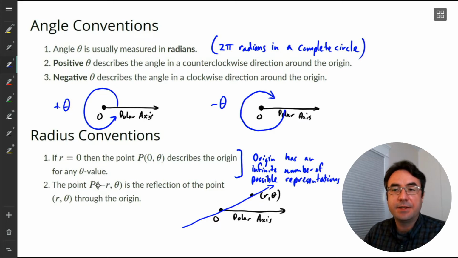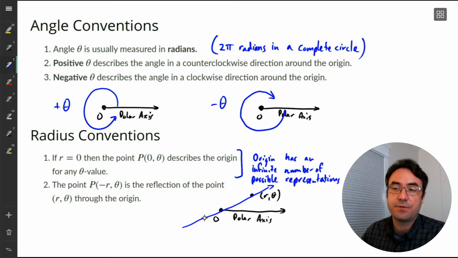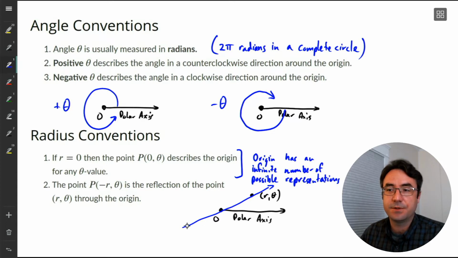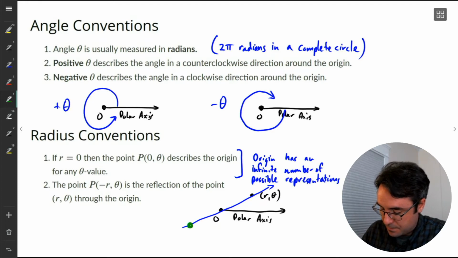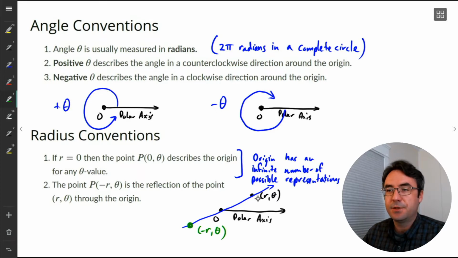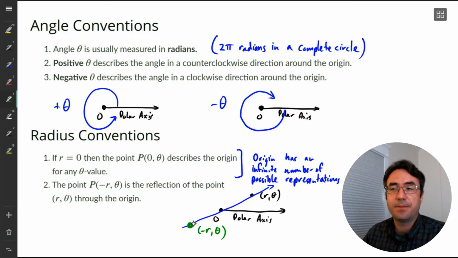We wanted to investigate what happens when we negate the r value. We're going to take this r comma theta point and just reflect it through the origin. So negative r comma theta would be just on the opposite side of the origin. So this is going to give us a way to describe points with negative r values.